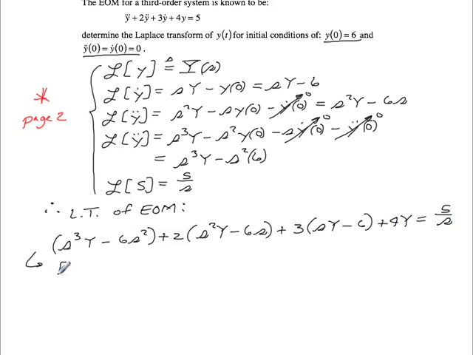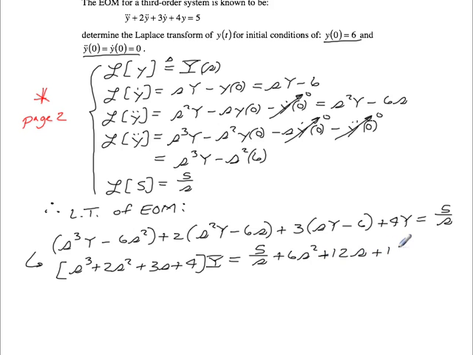So if I group together the coefficients in front of y, I get an s cubed, a 2s squared, 3s plus 4, times y. Everything else going on the right-hand side gives me a 5 over s plus a 6s squared minus a 12s, which becomes a plus when we bring it over to the right-hand side, and then a plus 18 as that.